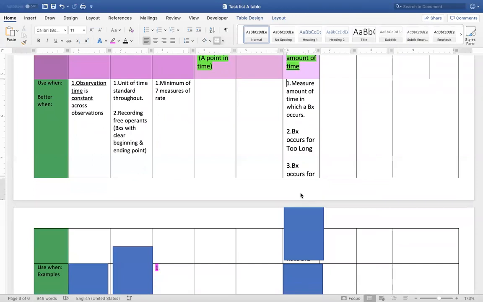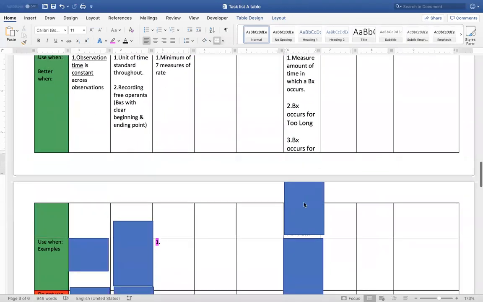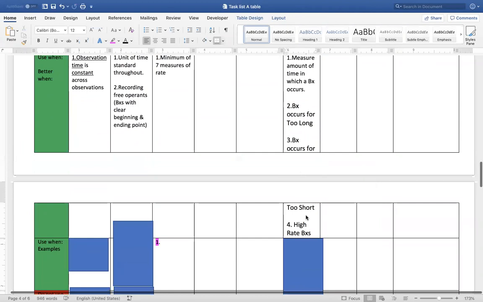Too long or too short, which was shocking to me. I had not realized that duration can also be used when the behavior occurs too short. Do you guys know that? No, I did not.